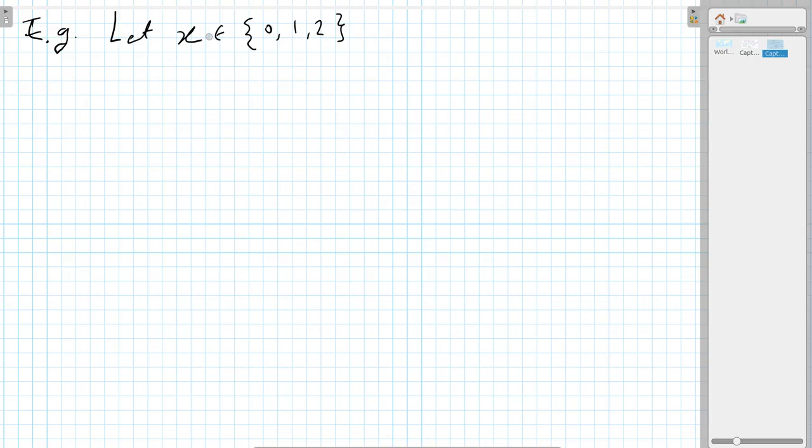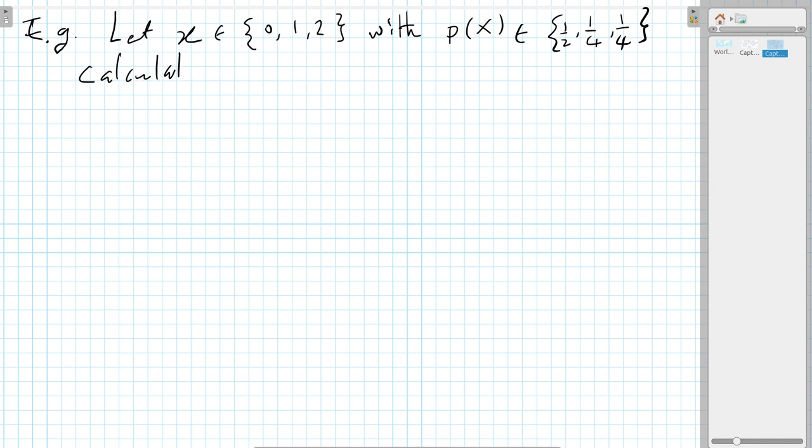So let x be drawn from 0, 1, 2 with probabilities. I'm going to write the probabilities p of x as 1/2, 1/4, 1/4, right? And let's say we want to calculate the average of x and the average of x squared.